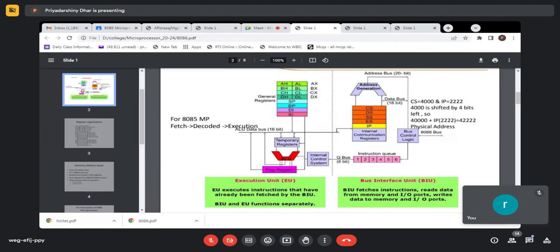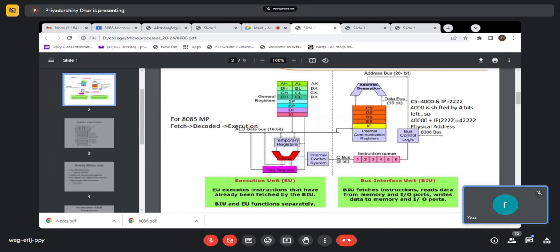And another is D. D is used for memory addressing. Remember, for the 8085 microprocessor, we use the HL pair for memory addressing. Here DX we can use for memory addressing. Clear? Which one? DX.